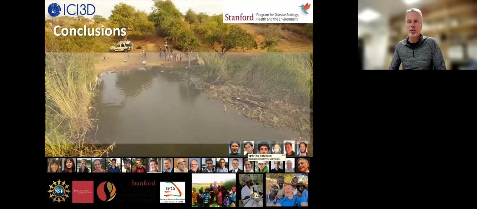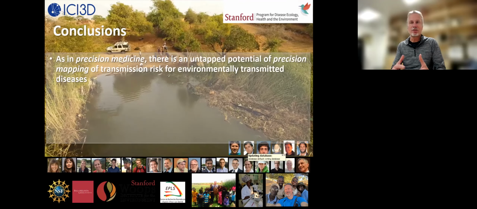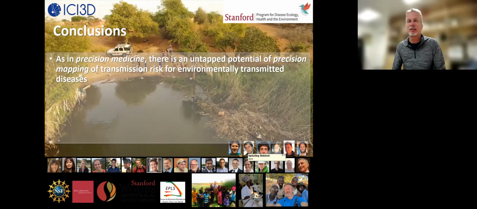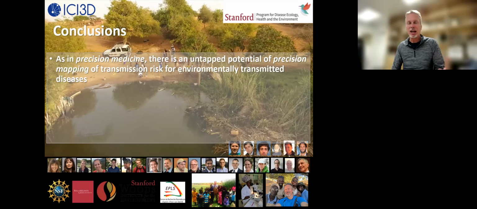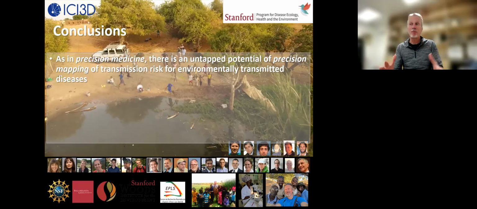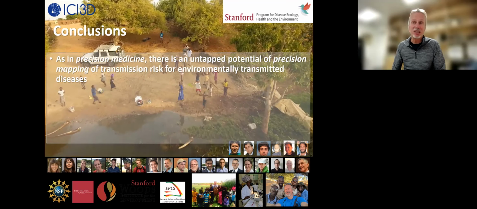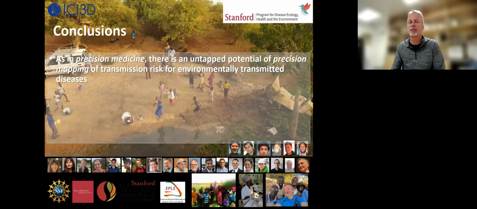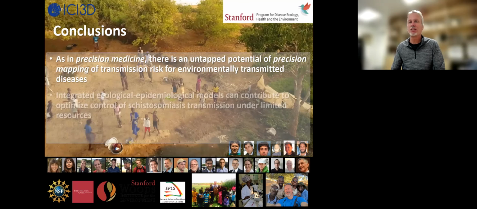So in conclusion, finally, I just want to wrap up all that we have seen in this 3-part lecture. We've seen how, as much as in precision medicine, there is an untapped potential for precision mapping of transmission risk for environmentally transmitted diseases, and this is certainly the case for schistosomiasis.